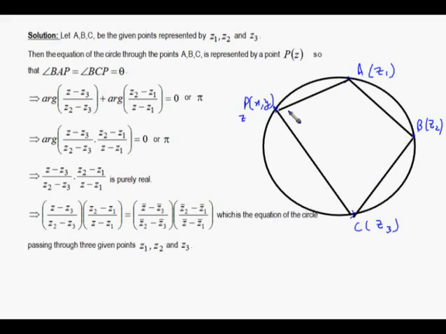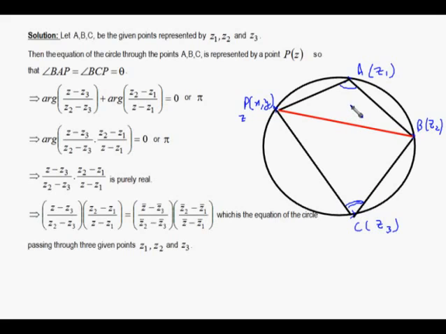Now, since all these 4 points lie on this circle, I can say that the angle subtended by this chord, just for instance I'm taking PB, in this segment of the circle, that is the angle PAB, and the angle PCB, that is the angle subtended by the same chord in the other segment, if I add these 2 angles, what do you think the value is going to be?